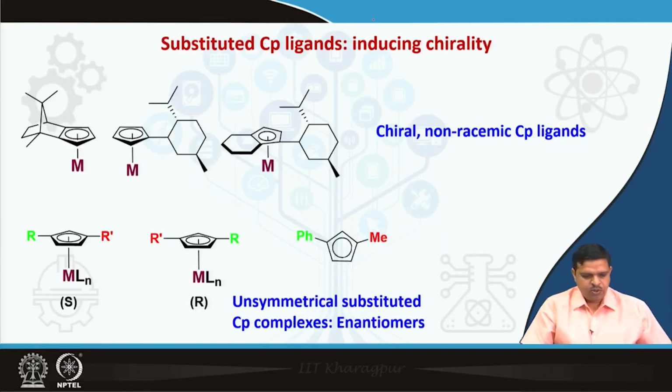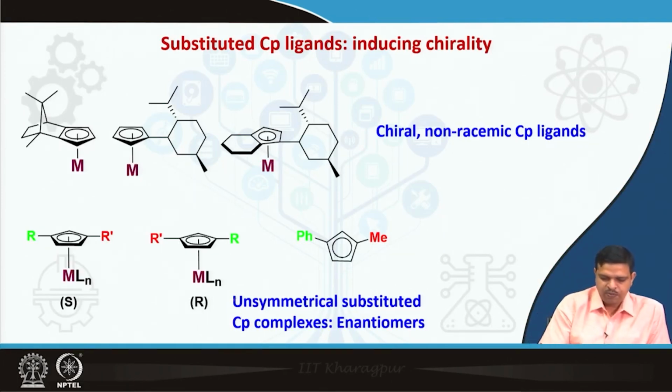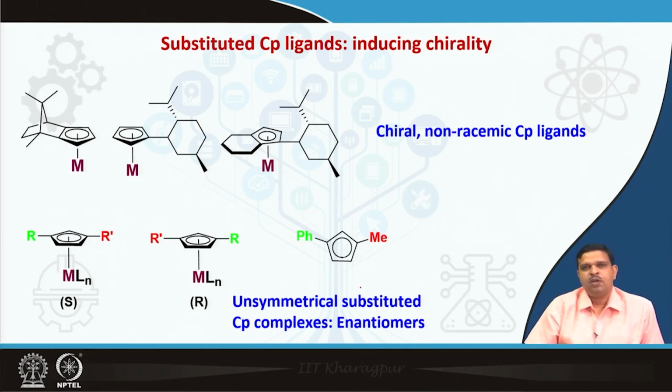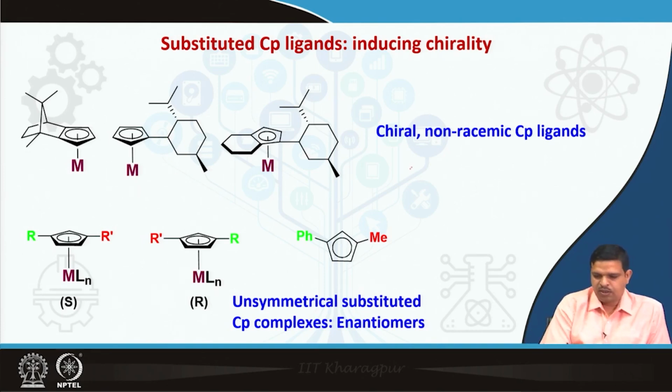Not only the simple CP, different types of CP ligands are reported and possible in this metallocene chemistry. Here are examples of chiral and non-racemic CP ligands.